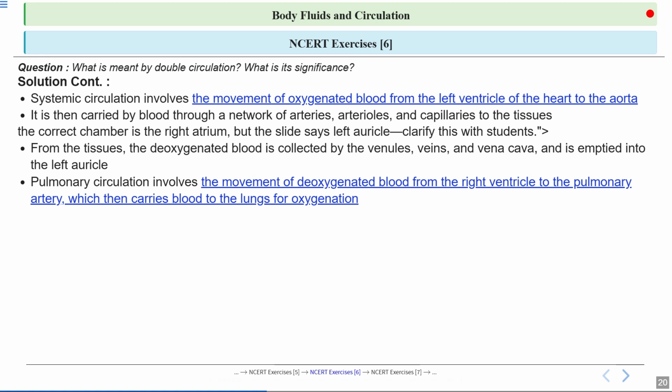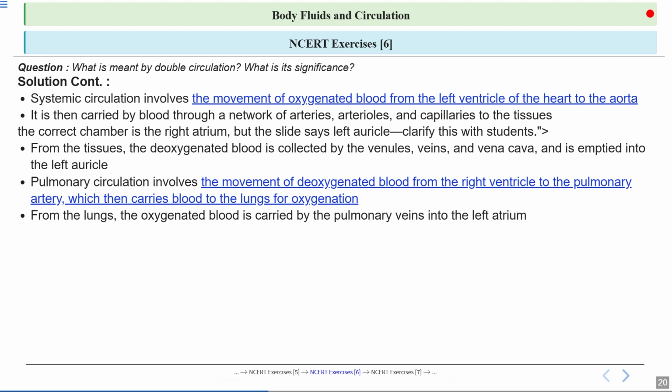Okay, now let's discuss pulmonary circulation. So here deoxygenated blood is pumped from the right ventricle into the pulmonary artery, which carries it to the lungs. This is where the blood gets rid of carbon dioxide and picks up fresh oxygen. After the blood is oxygenated in the lungs, it returns to the heart through the pulmonary veins, entering the left atrium.